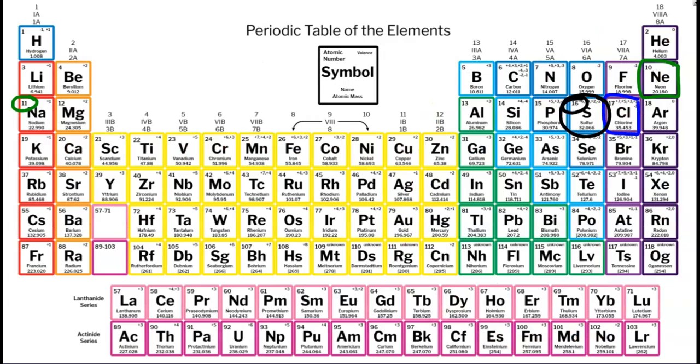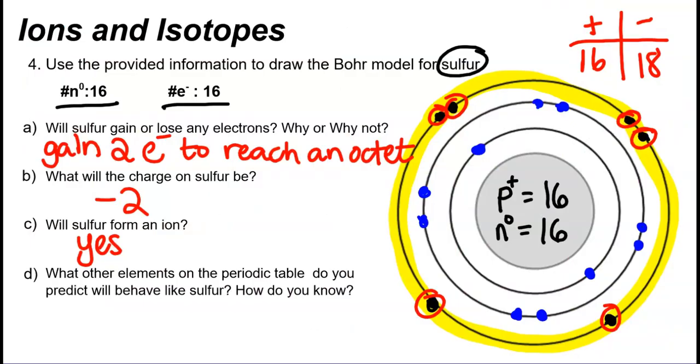So coming over to our periodic table, sulfur is in group 16 of the periodic table, and it has 6 valence electrons. And everything else in this group 16 also has 6 valence electrons. So all these elements will form ions with a -2 charge.